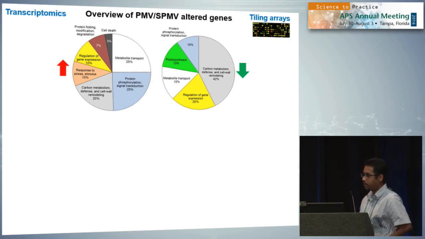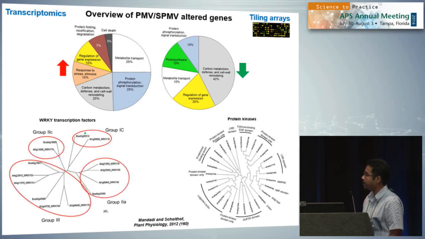Summarizing the results, what you are seeing are overrepresented categories of genes that are induced or repressed during the infection. There are quite a few gene function categories that are important. Without going into those pie charts, I can just show some of those here.